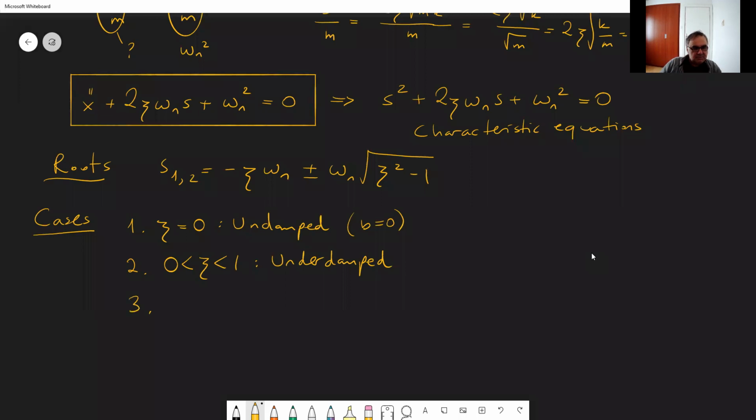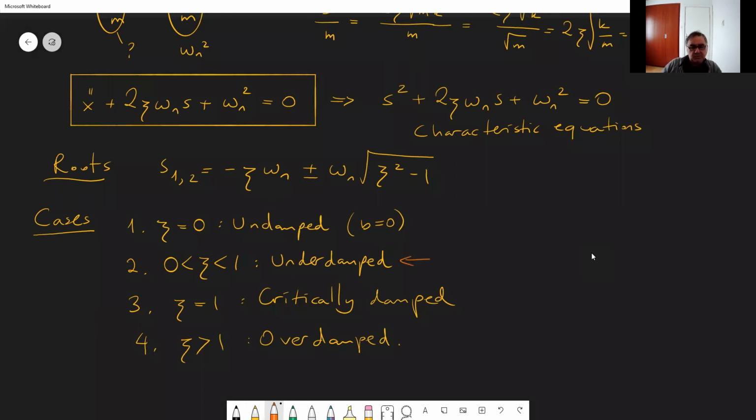The third case is zeta exactly equals 1. This is called critically damped. And the fourth one is overdamped. Now, for us, the important case is the underdamped case. This is important for vibrations.